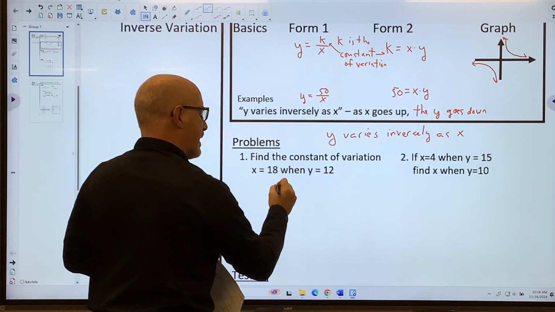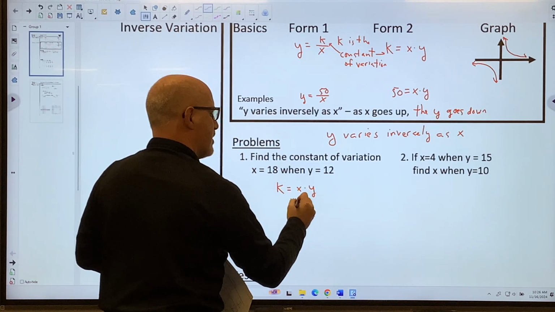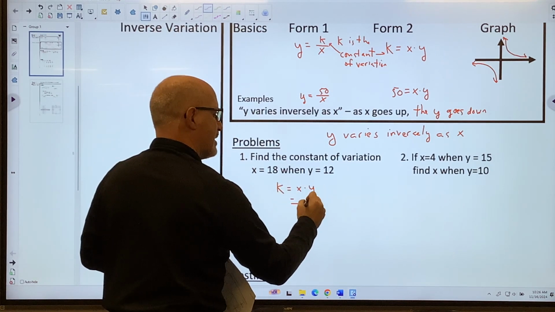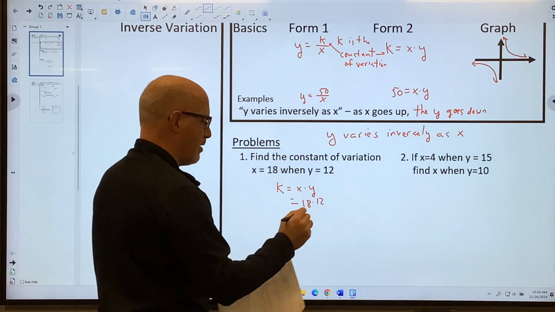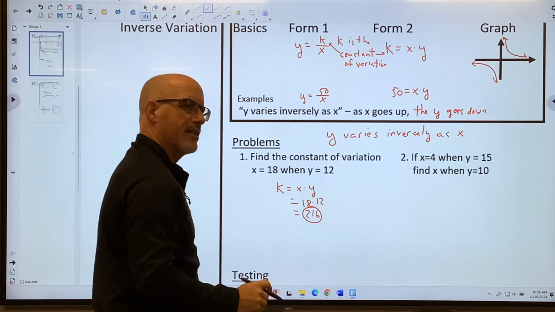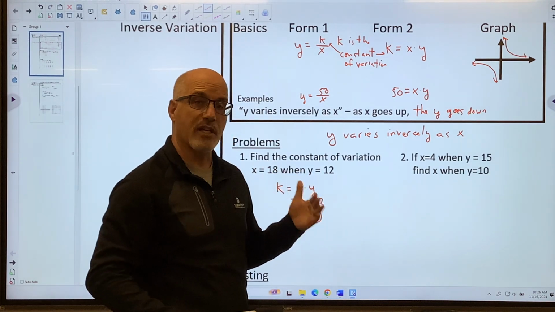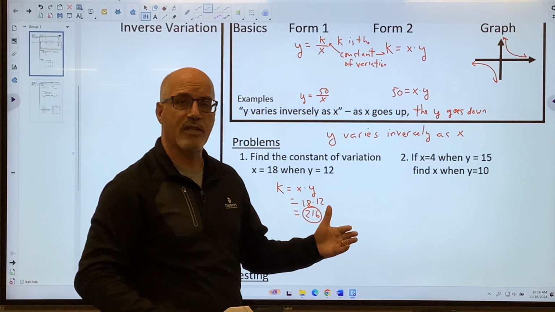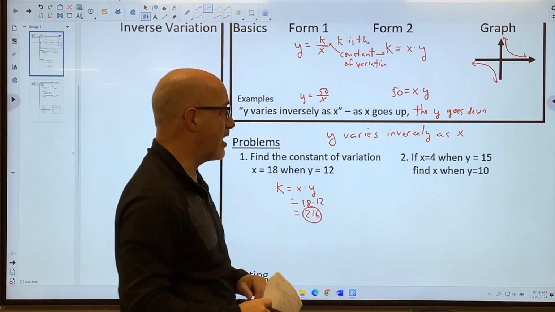To get that constant, I'm just going to multiply x times y. In this case, that's 18 times 12, which is 216. That is my constant. So in this inverse variation, every x and y pair that you multiply together has to equal 216. That stays constant.